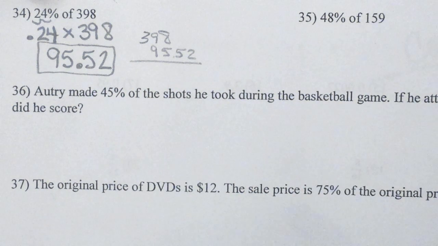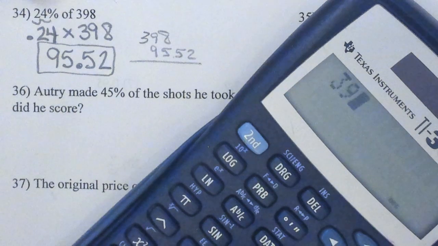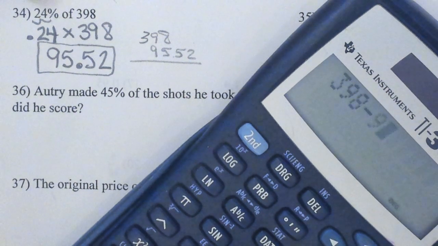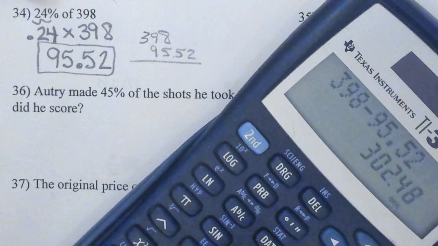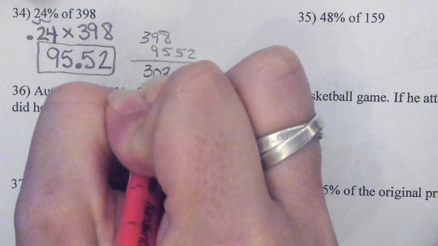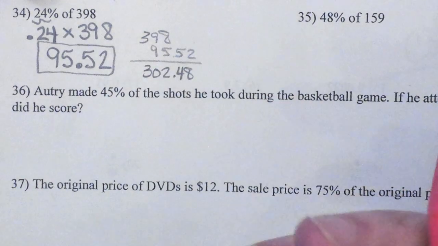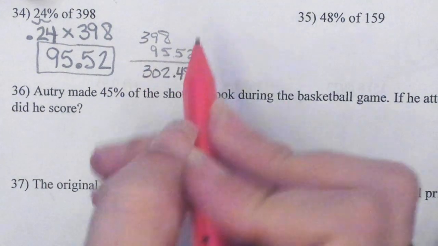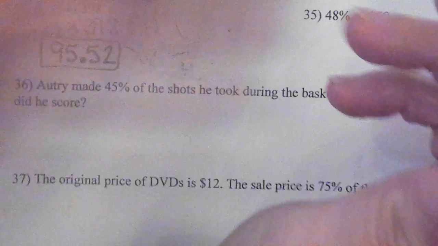Is $300 enough? No. Guys, it's $302.48. You've got to be willing to read the question and see what they're asking. I realize that they didn't ask that, but we've got to be willing to pick up the calculator and test it out.